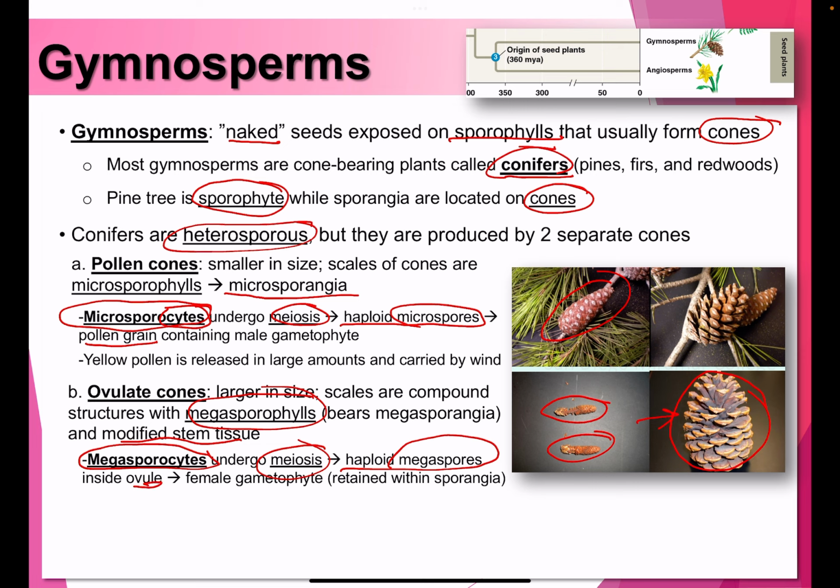I'll talk about where exactly the ovule is within the plant, especially when we get to the angiosperms. But the ovule will become your female gametophyte, which will ultimately produce your egg cell. The female gametophyte is retained within the sporangia. It doesn't need to come out or be dispersed somewhere else.